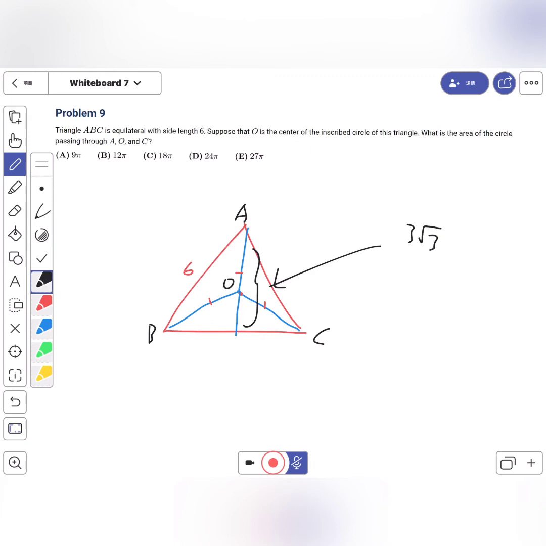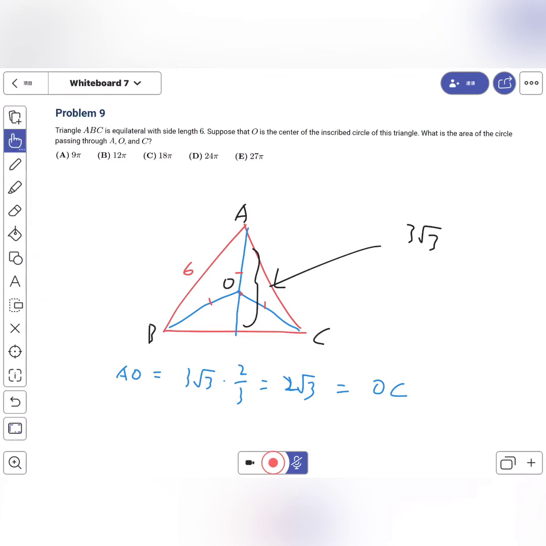Then AO is going to be equal to 3√3 times 2/3, which is equal to 2√3. And since it's an equilateral triangle, then it's symmetrical, which means OC is also equal to 2√3.